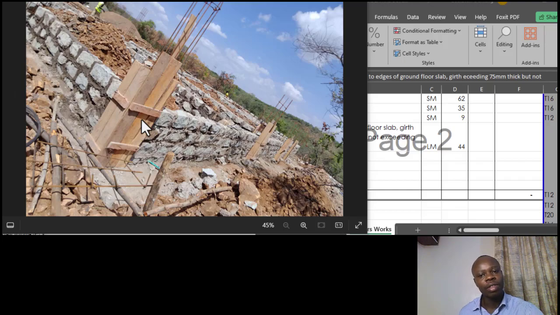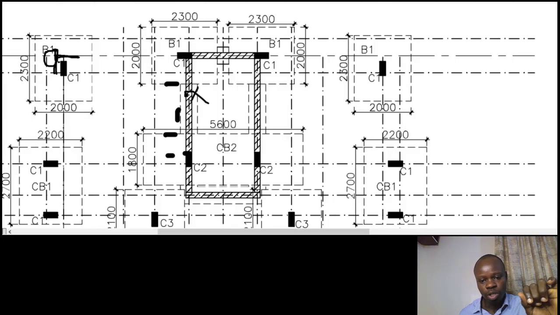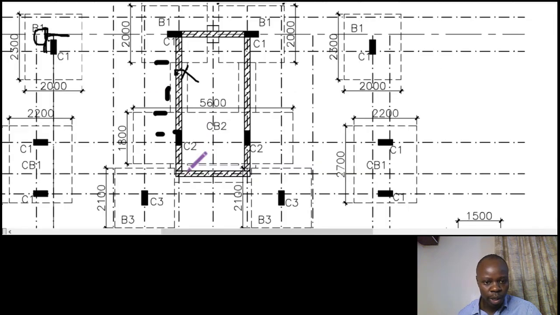Therefore, that length is going to be longer than the length that you are supposed to use for the excavation, the blinding and the strip footing. So that is the basic illustration that I can give for you to understand how to handle the length.